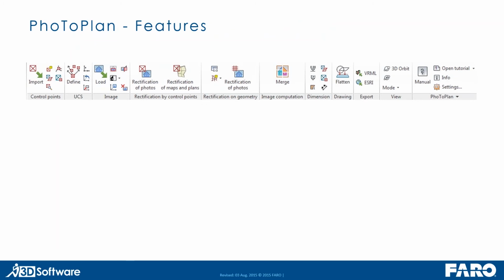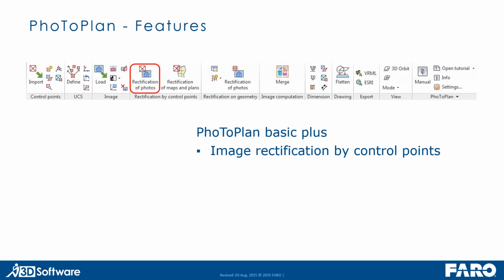So these are the features of Photoplan Basic. The next larger package of the Photoplan family is Photoplan. It does contain all the functionality of Photoplan Basic, plus additional features like image rectification by control points. This method is much more accurate than rectification by just some distances.